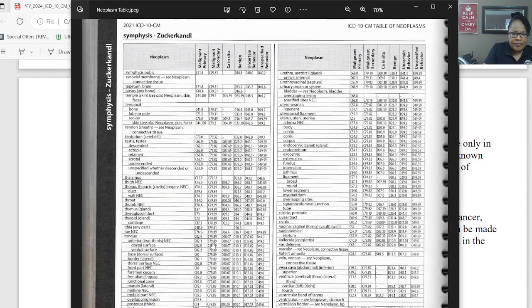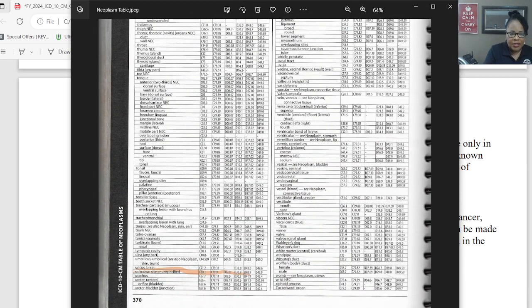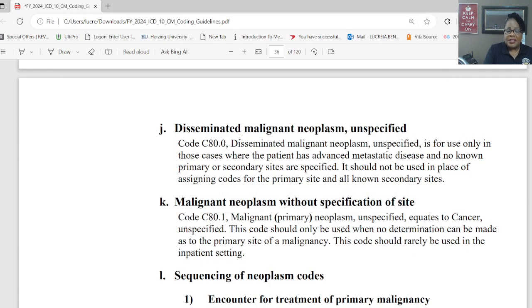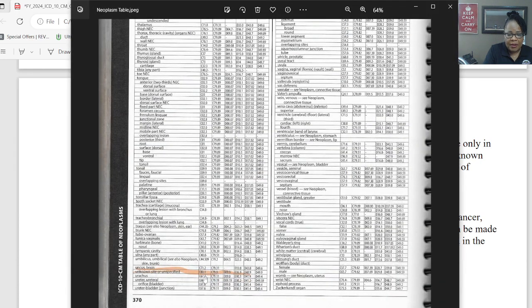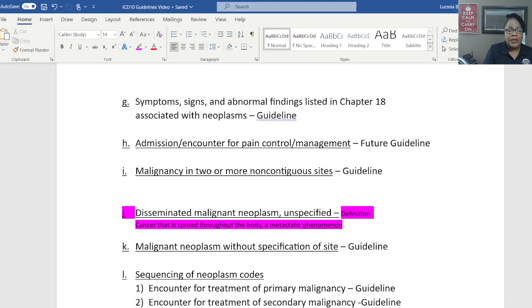And I wanted to make sure the coders knew that on the neoplasm table, see right here down here where it says unknown site or unspecified, whether it's primary or secondary, there is an unknown. Okay, but disseminated is different. But this right here, C80.1, unspecified, you see where it came from? Right there, when the primary site is unknown. So you go to unknown on that neoplasm table. Okay, that's K. Let's see. What does L?